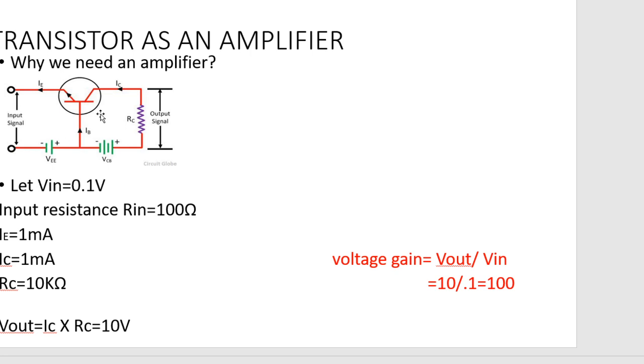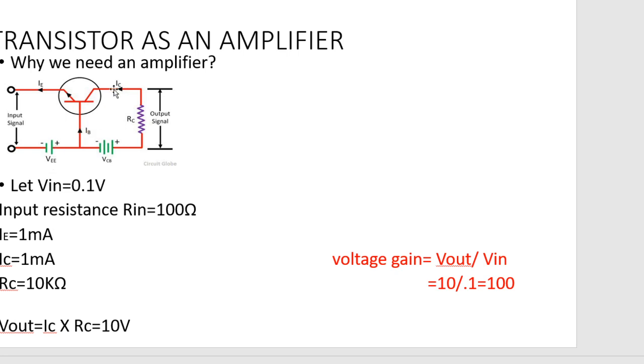Here we have the emitter current IE, this is the collector current, and this the base current. In this circuit we are applying an input signal, a sine wave, superimposed with the DC bias source VEE.